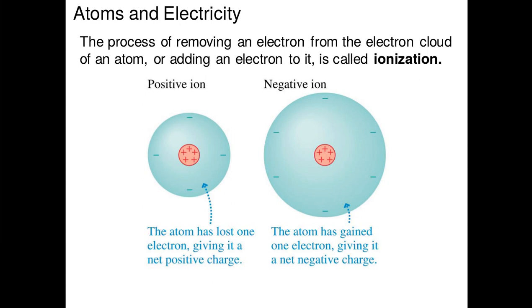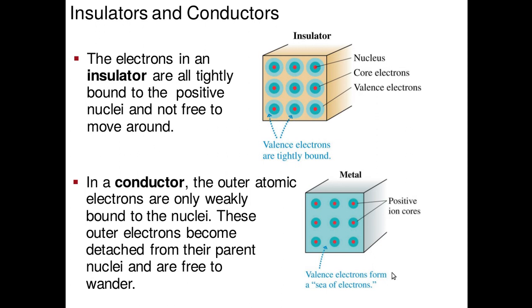So that's ionization. We're going to be dealing largely with conductors. The reason we do that is because electrons are weakly bound to the nuclei in conductors. Most of the time we're going to be dealing with metals, which are very efficient conductors.